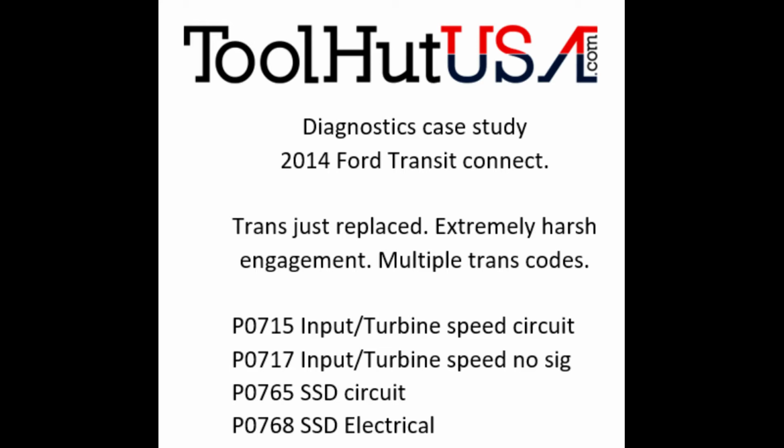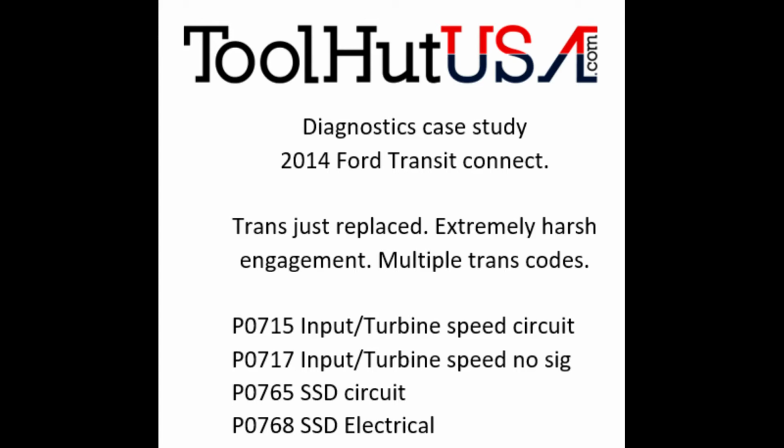With the multiple transmission codes, I've just made a decision with no real expectation. I wanted to address the input turbine speed signal first. This is the input signal from the transmission to the powertrain control module, and it may or may not affect my shift solenoid D problem. So I decided to focus on the P0715 and P0717 codes first.